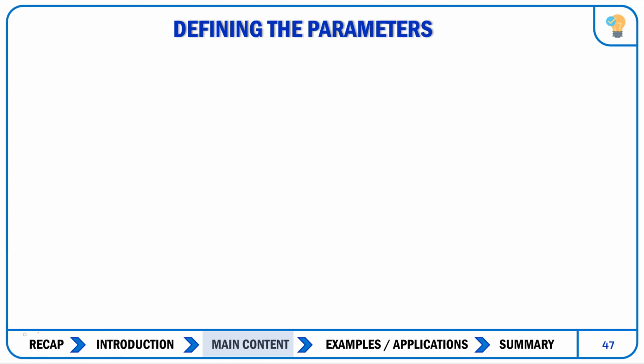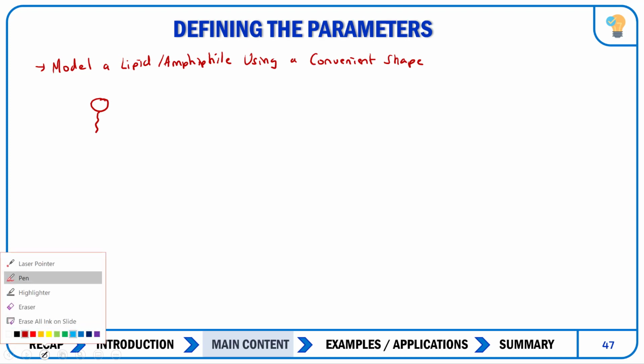So the idea is to model a lipid or amphiphile using a convenient shape. If I have a lipid that looks like this, then it kind of makes sense that it has almost a cone shape.